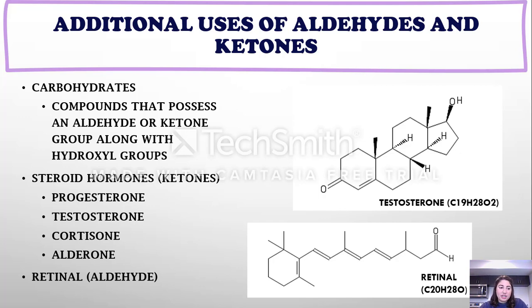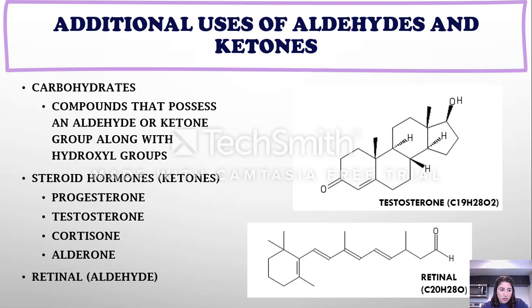Okay, so some additional uses of aldehydes and ketones. They're present in humans and other living organisms. So you have your carbohydrates, which include your sugars, starch, and cellulose, and these are based on compounds that possess aldehyde or ketone group along with hydroxyl group. So it could be either.